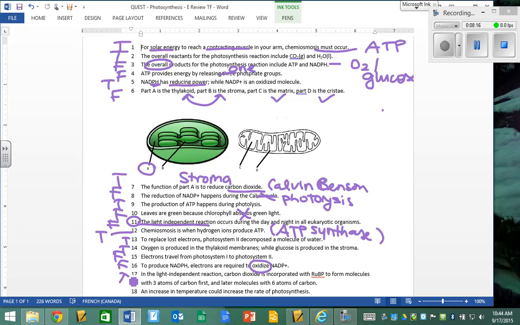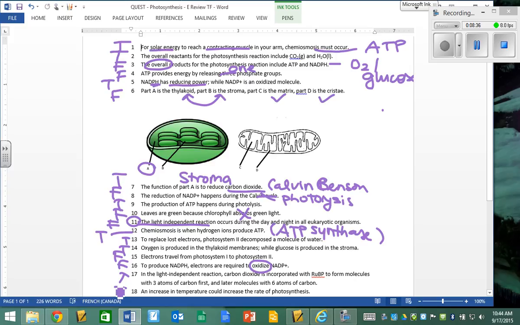There's my 6-carbon glucose molecule. That was a very generic description, but that's basically what's happening. It has to happen twice, because one time only makes a 3-carbon molecule. It's the second time around that I get the 6-carbon molecule, which is glucose.